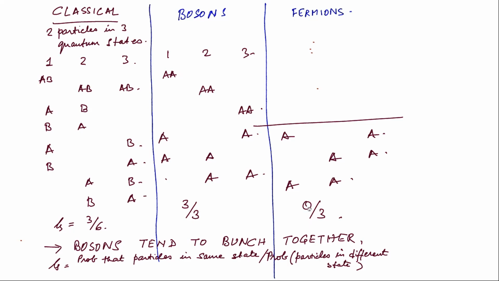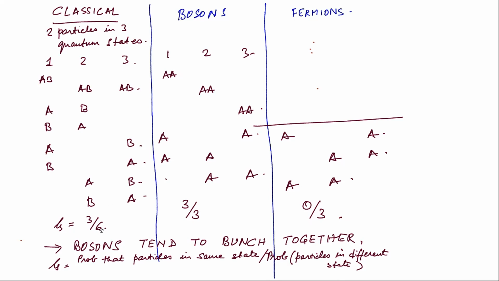So hence this ratio will be 0/3, because there are three n particle states, three microstates, if you like, where the two particles are in two different quantum states. Here, on the other hand, you have three of these where they are bunched together, and three others where they are separated. They are occupying two different energy levels.